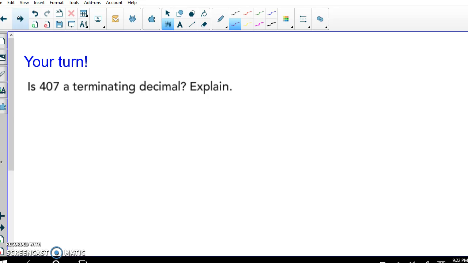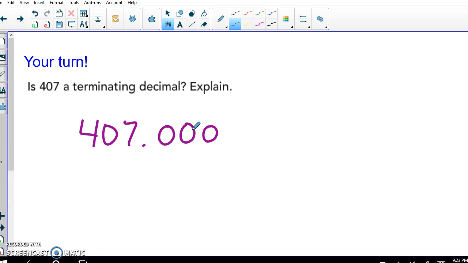Let's think about 407 real fast. 407, is that a terminating decimal? And explain your answer. So as you think about the number 407, if I wanted to expand it as a decimal, this would have a series of zeros following the decimal point.